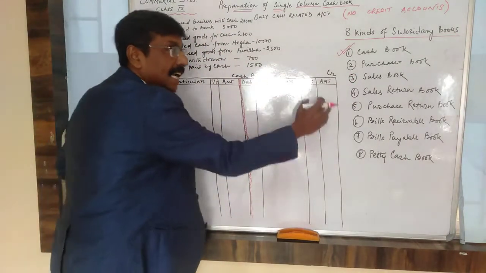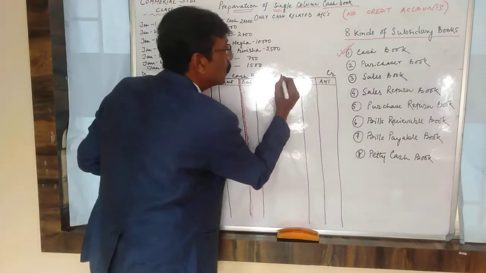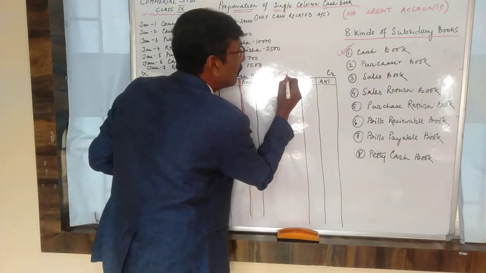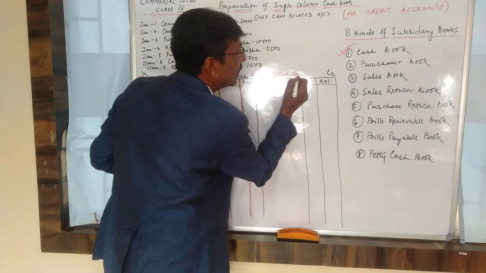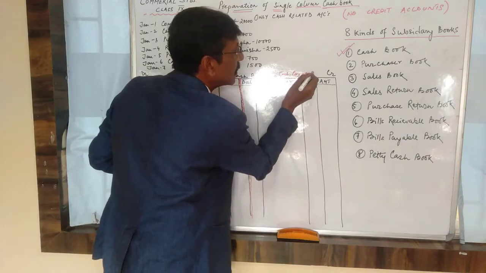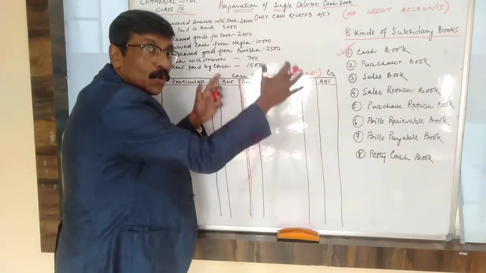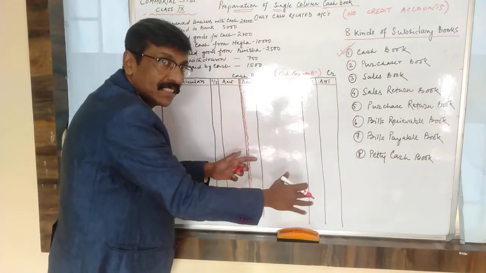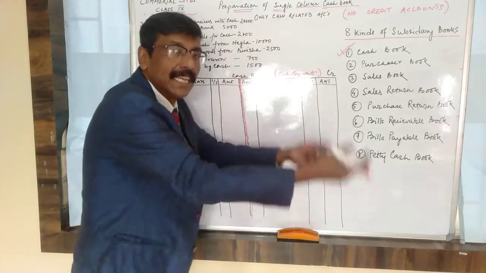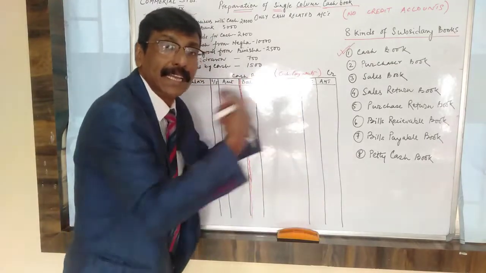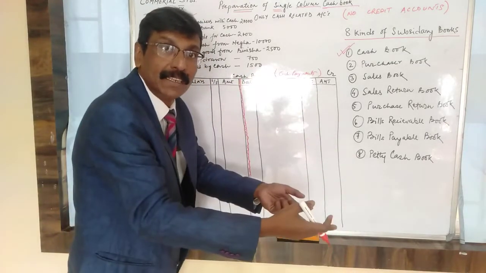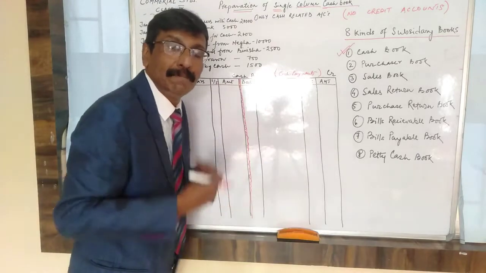All on the credit side, we will do cash payments entry. Only cash payment entries. When I pay cash from the firm, I am paying for salary, I am paying for rent, I am paying for electricity.